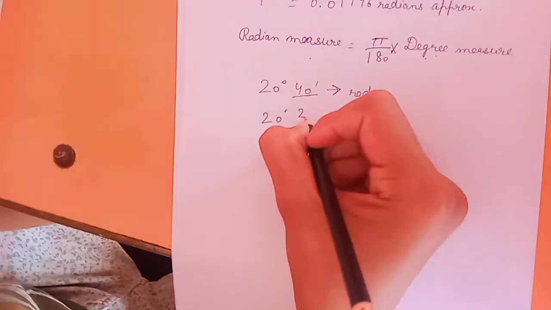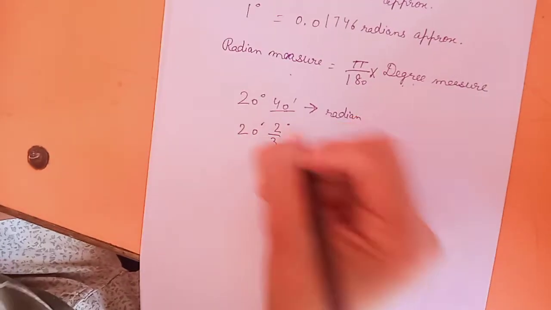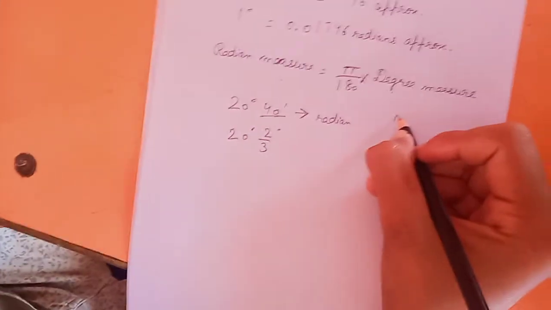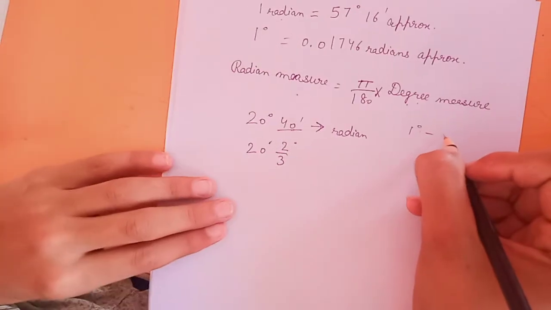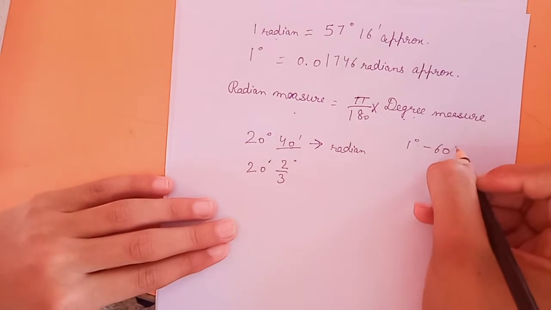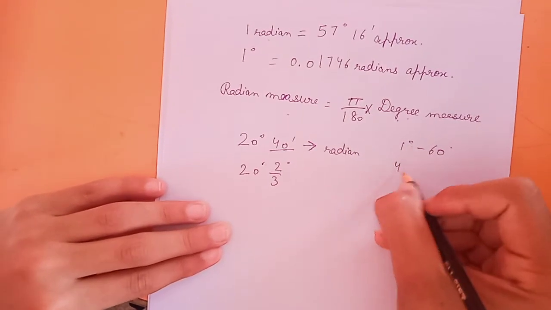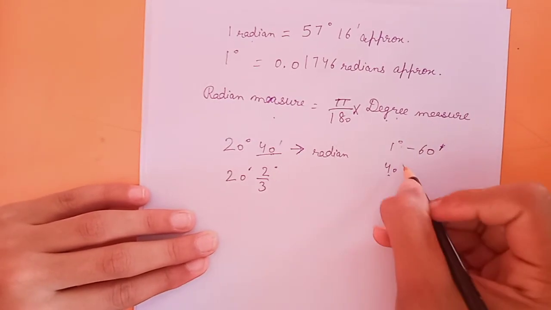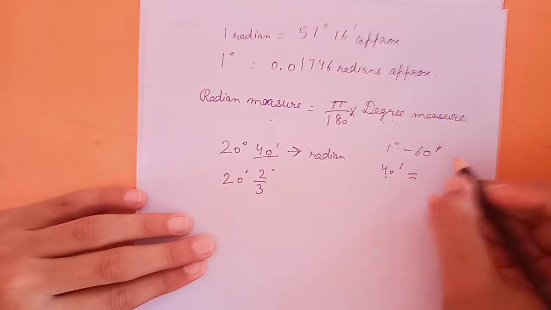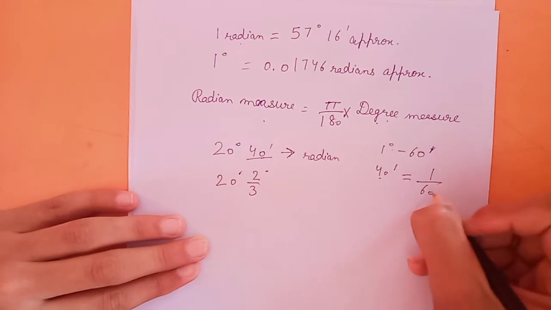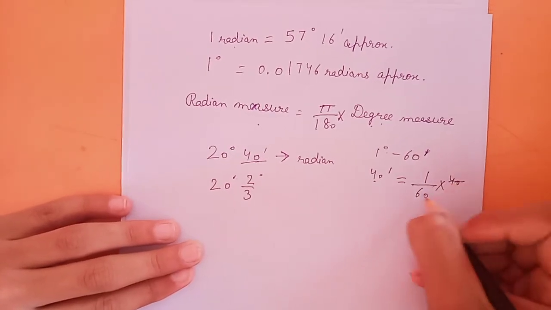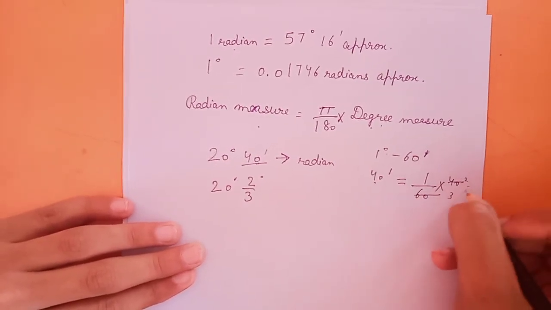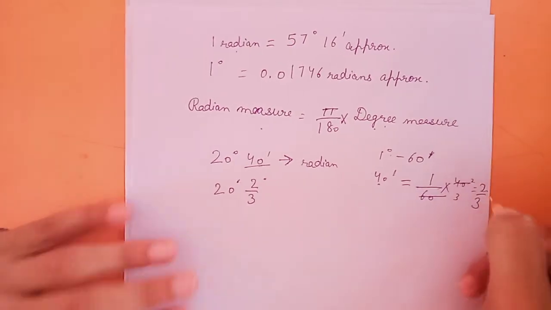It will be 2 by 3 of a degree. As you know, 1 degree consists of 60 minutes, so 40 minutes will be equal to 1 divided by 60 into 40. So this gives us 2 by 3.